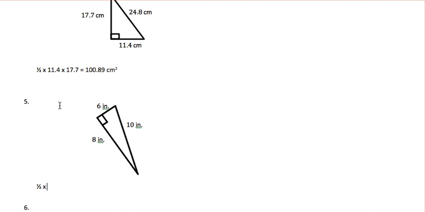So we're doing 1/2 times 8 times 6. And that will be 24 square inches. For some of you at this point, you may be finding that if you do 1/2 of the first number, 1/2 of 8 is 4, and then multiply, it's a lot easier than doing the fraction as a fraction.